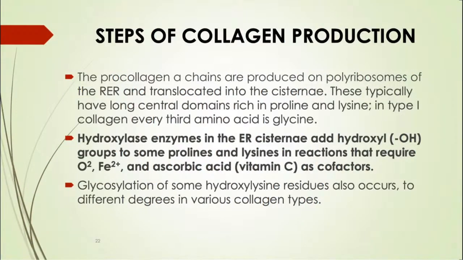So, steps of collagen production. The procollagen chains are produced on polyribosomes on the rough endoplasmic reticulum and translocated into the cisterna. These typically have long central domains rich in proline and lysine. In type 1 collagen, every third amino acid is glycine. The hydroxylase enzymes in the endoplasmic reticulum cisterna add hydroxyl groups to some prolines and lysines.